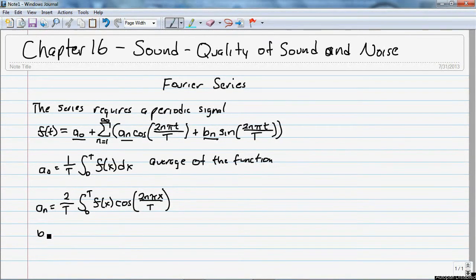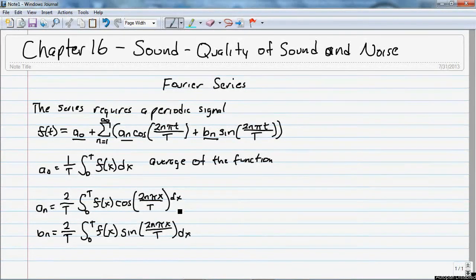And b sub n is 2 over the period times the integral from 0 to T of f of x times the sine of 2n pi x over T. And I forgot my dx here. So these are the methods that we use to be able to come up with a Fourier series.